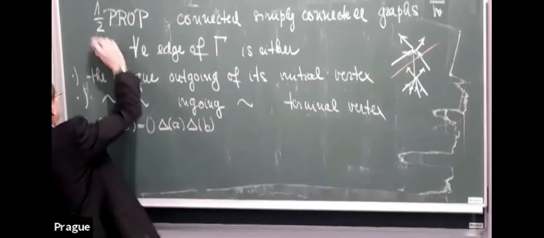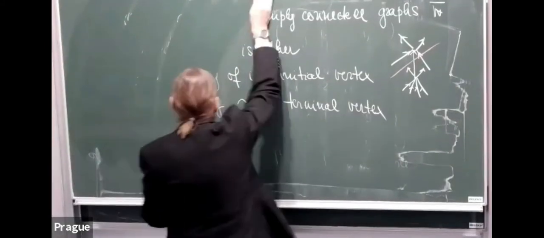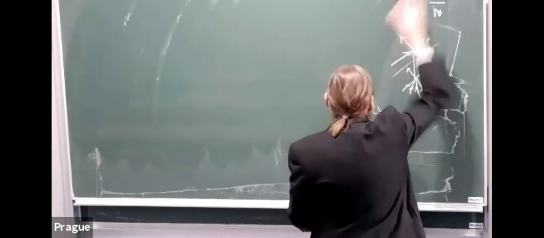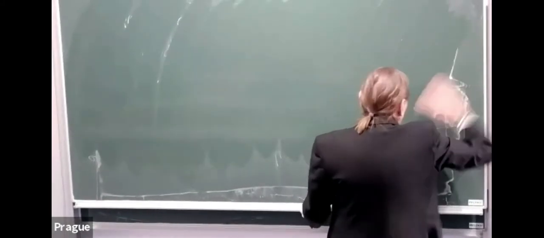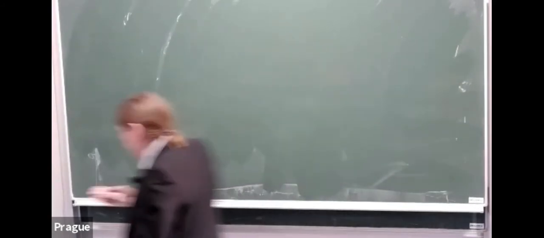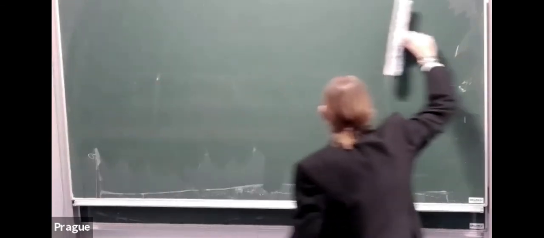I'm not going to give you the definition because I don't have time, but I will at least indicate what it is and give you one example which doesn't fit the previous examples, in the sense that there is nothing like a pasting scheme, at least not in an obvious way, which could be related with the example.